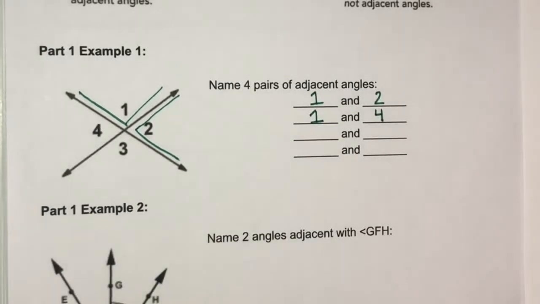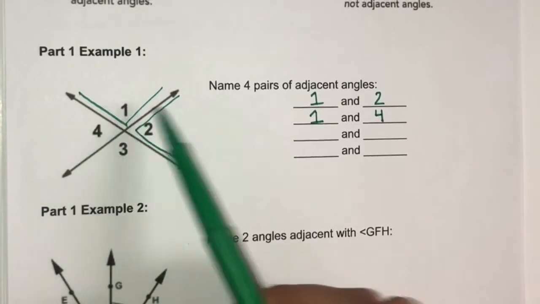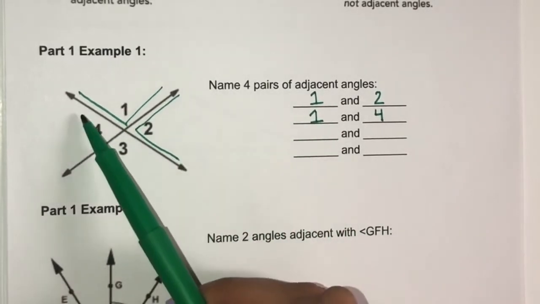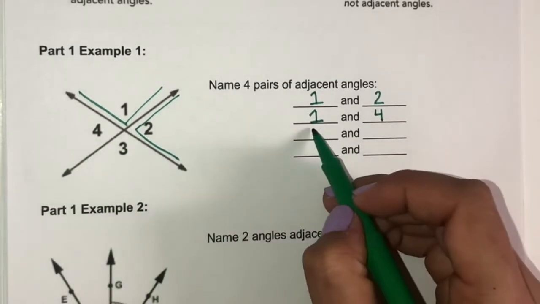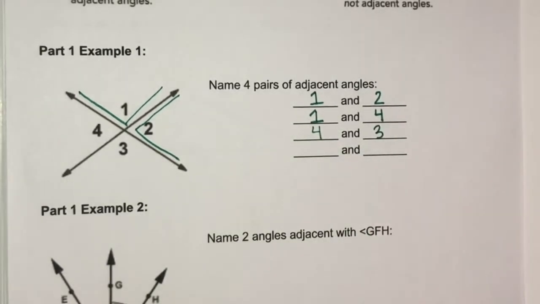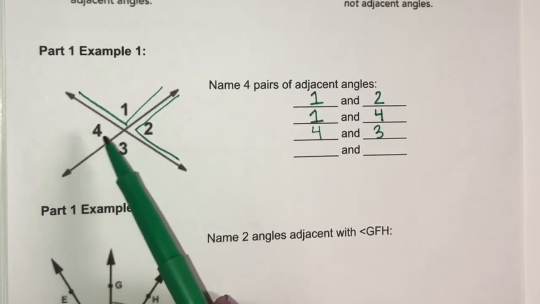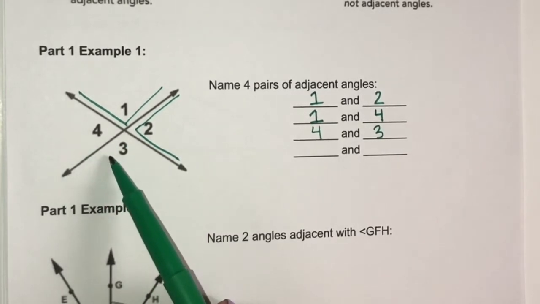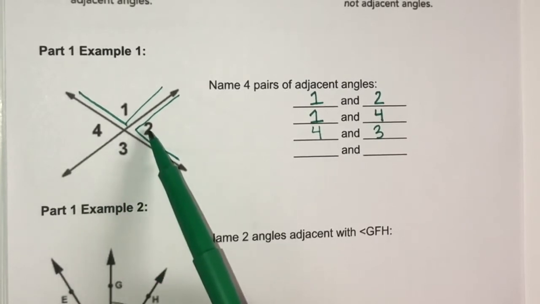Now, angle 4 is also adjacent to angle 3. Angle 4 and angle 3. Now, angle 3 is also adjacent to angle 2.